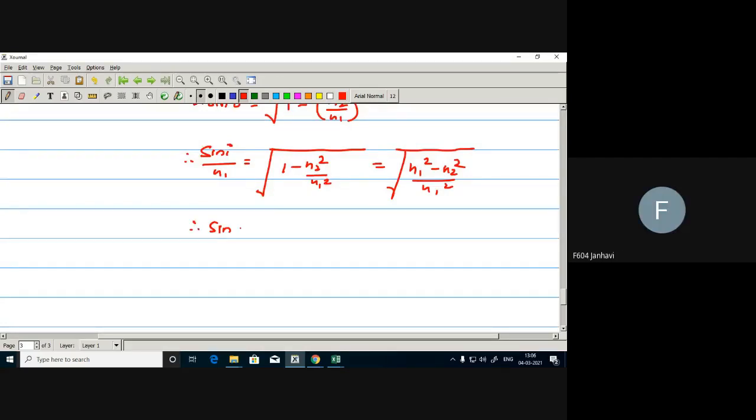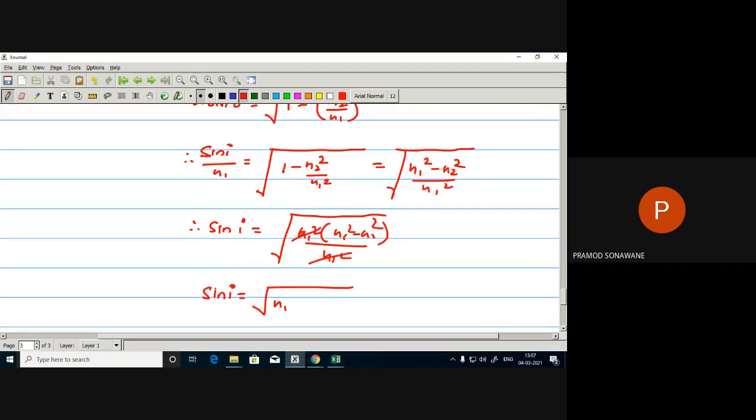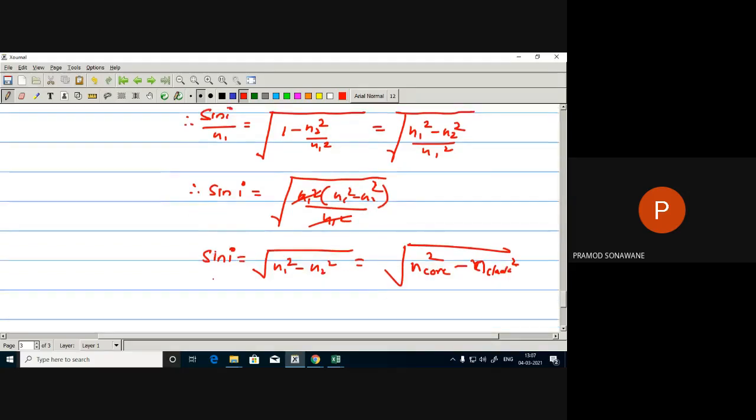Root of n1 square minus n2 square; n1 square goes up, and n1 square minus n2 square divided by n1 square, it gets cancelled. So sin i is equal to under root of n1 square minus n2 square, which is refractive index of core squared minus refractive index of cladding squared. Okay, so this is the formula which we have derived for this.